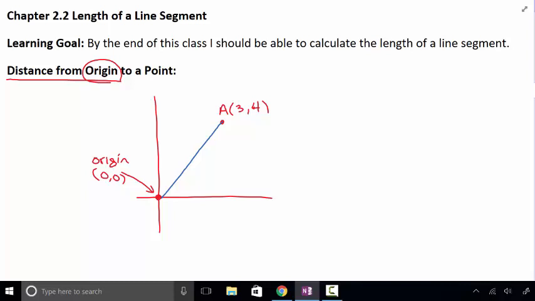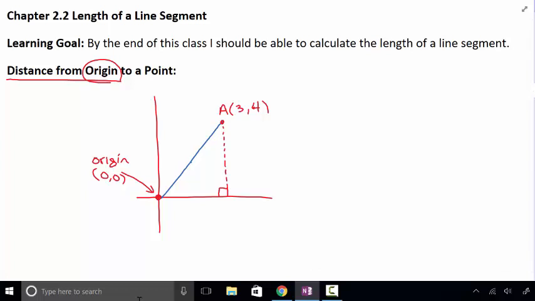I guess we don't need to go as far as the rise and the run, but we will use the Pythagorean theorem. Because look, you see that line there? I can actually start forming a triangle. If I go down all the way to the bottom there, I just formed a right triangle. And if I have a right triangle, I can use the Pythagorean theorem to find the distance of that blue line.